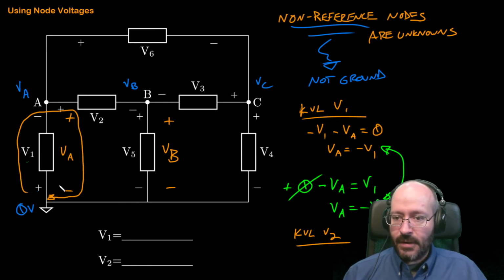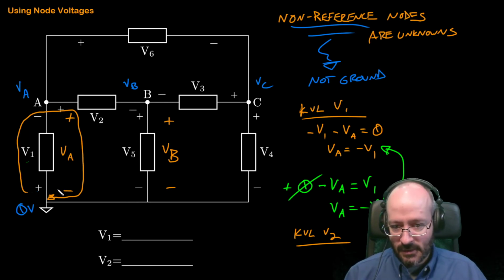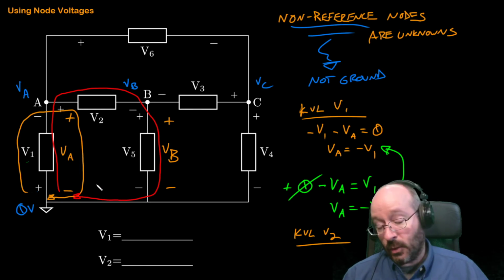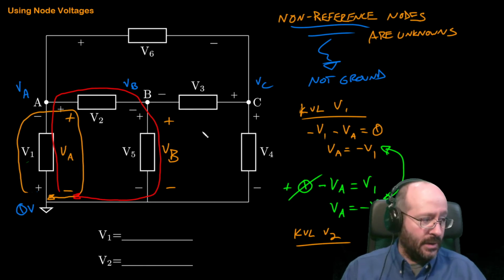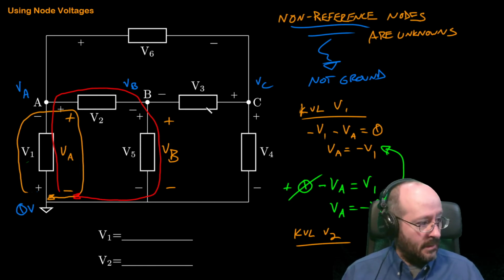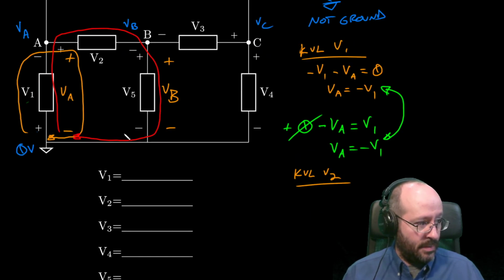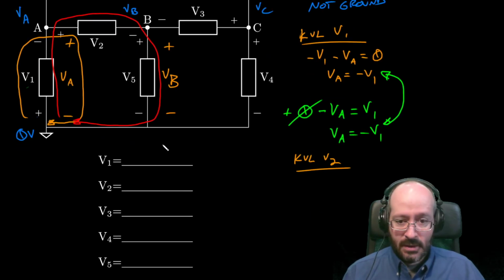Then I'm going to follow, let's grab a different color, this path. I'm going to come up here and down around here. And I'm back to where I started, so that's a loop, and we can write a KVL around it.